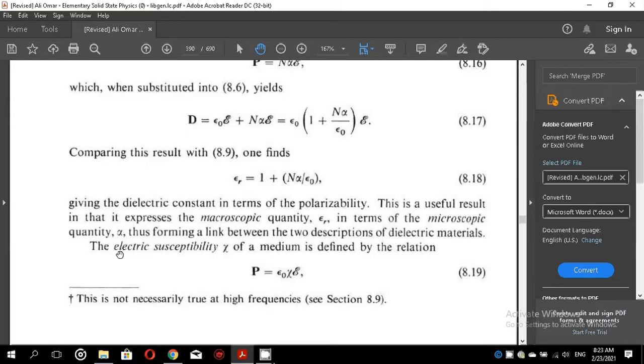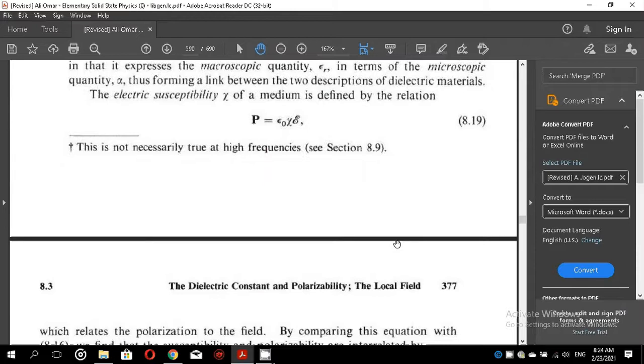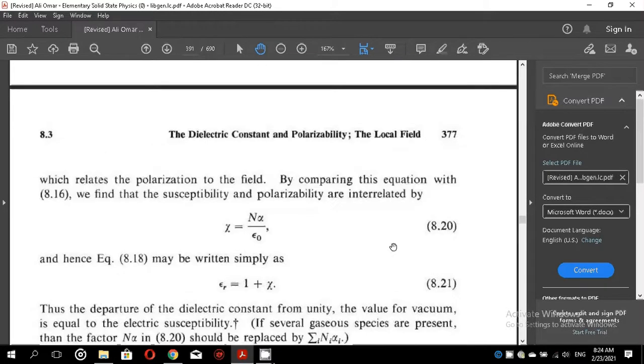Next we define the electric susceptibility chi of a medium, and the defining equation is given by equation 8.19, that capital P, the total polarization, is equal to epsilon naught chi into E. This is not necessarily true at higher frequencies. See section 8.9. Okay, which relates the polarization to the field.